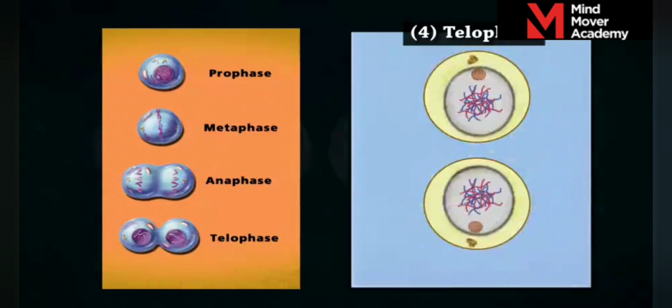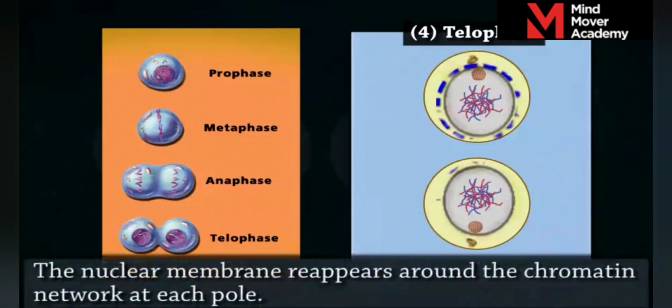The events of prophase occur in reverse sequence during telophase. The chromatids or daughter chromosomes uncoil, elongate, and change into a network of chromatin threads. The nuclear membrane reappears around the chromatin network at each pole.